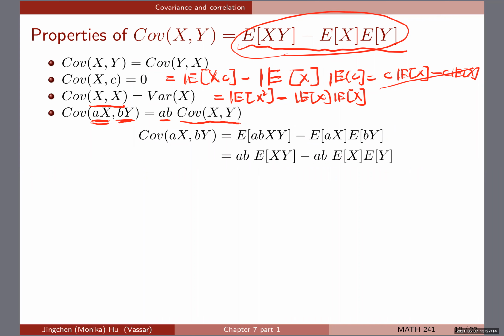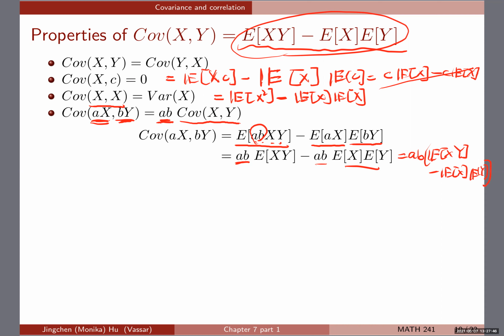We have the expectation of a b X Y, that's the first term, and the second is the expectation of aX times the expectation of bY. Remember a and b are constants, so you can bring them outside. In the end you have ab times the expectation of the product, minus the product of the expectations, which, as we know, is indeed a times b times the covariance of X and Y.